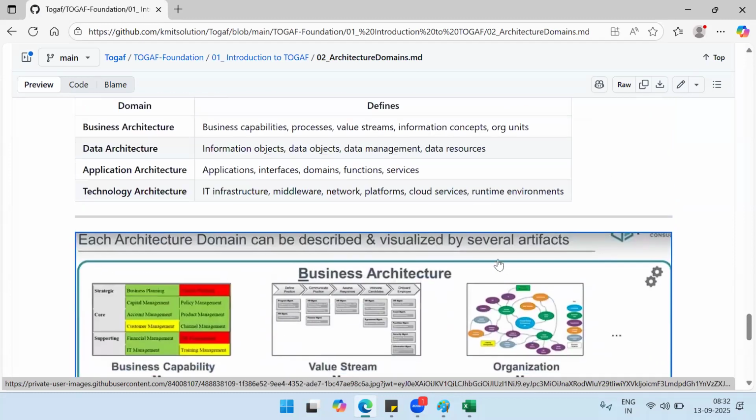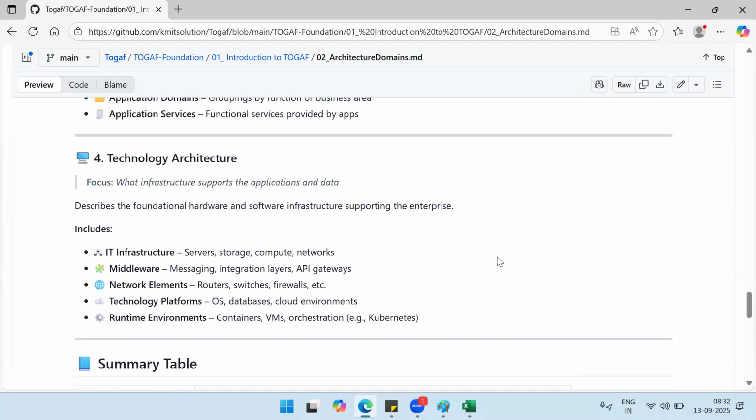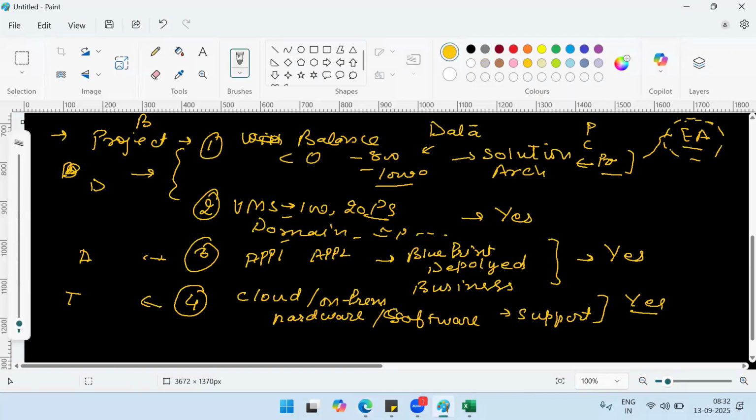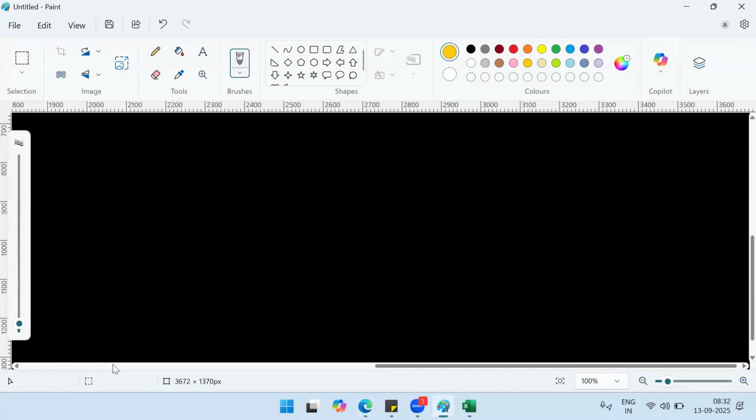But these are the main important ones from the TOGAF certification point of view. Now, I will take a very simple example where I will show you what is the business, what is the data, what is application, and what is the technology.